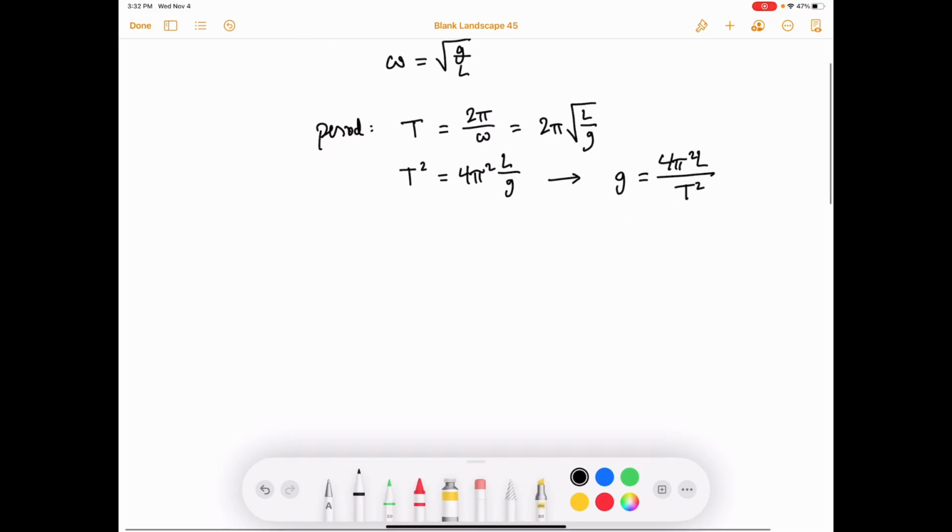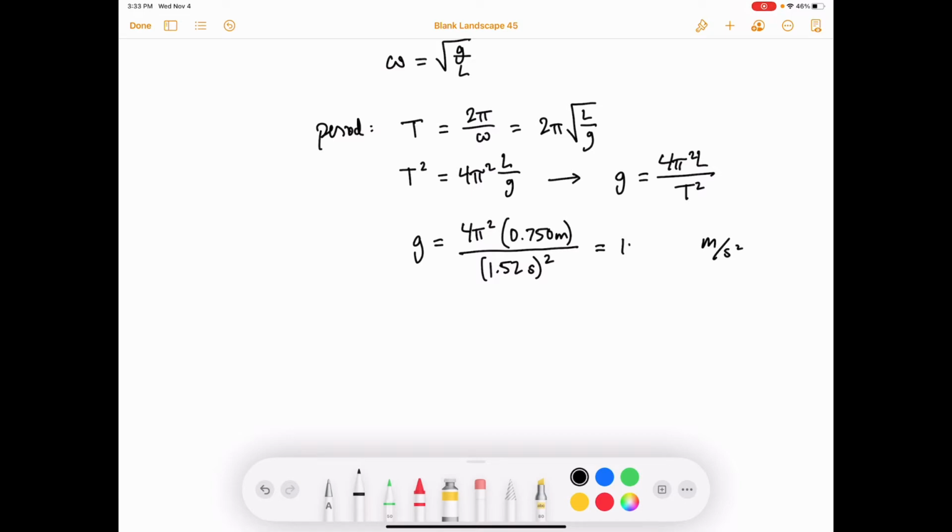Okay, so we're ready to calculate, because g is equal to 4 pi squared times the length, which is 75 centimeters or 0.75 meters, and then T is the period, which is 1.52 seconds, which we square. Unit-wise, this is working out in meters per second squared.